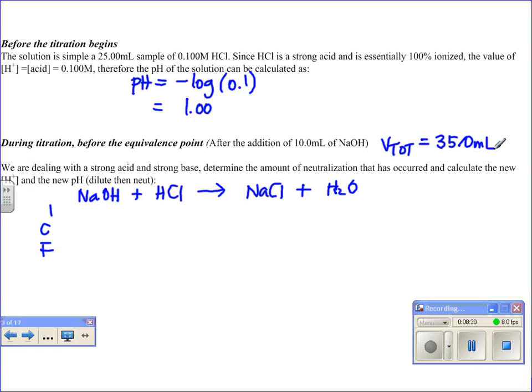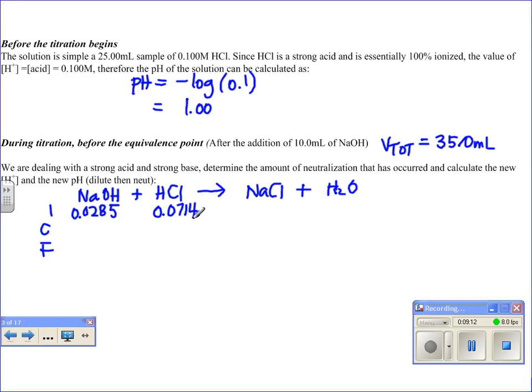A very important initial step in all of the calculations in this section will involve diluting the given solutions, because during a titration, we're not adding solid quantities, we're adding volumes of solution. If you do C1V1 equals C2V2 with the given 10 milliliter and 25 milliliter solutions, you get a concentration of sodium hydroxide of 0.285, and a concentration of HCl of 0.0714.